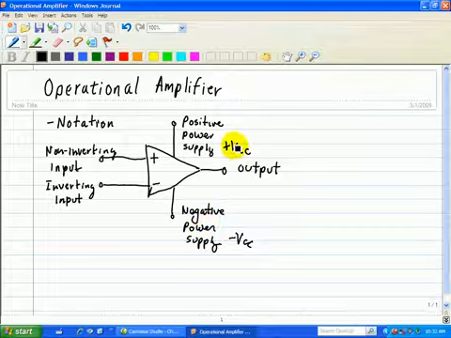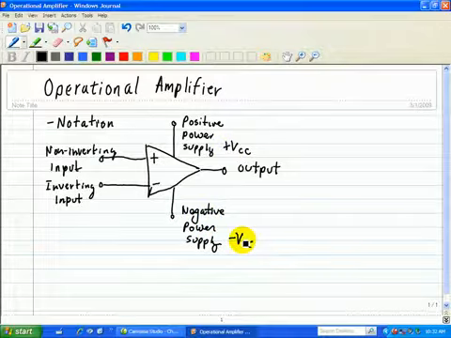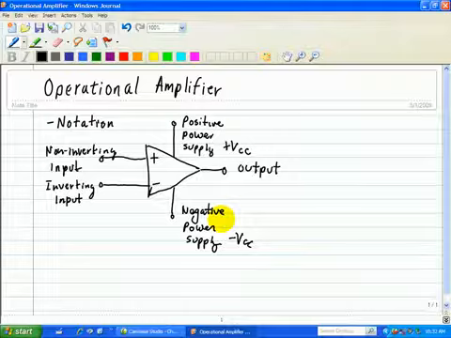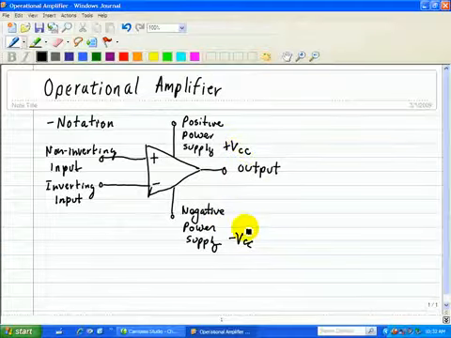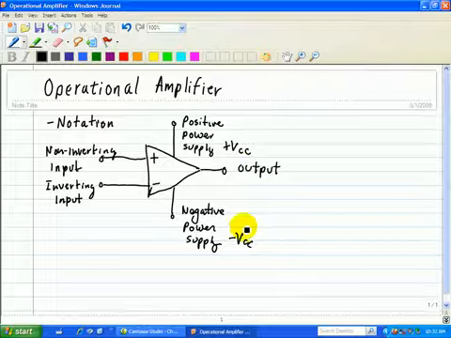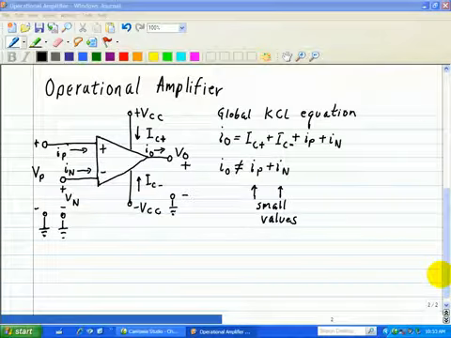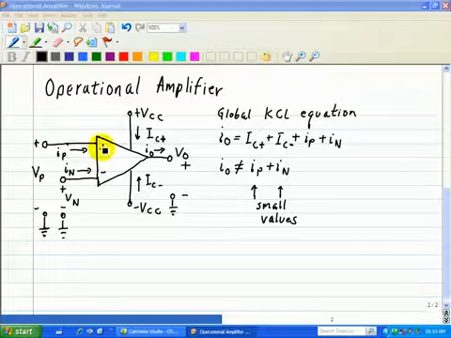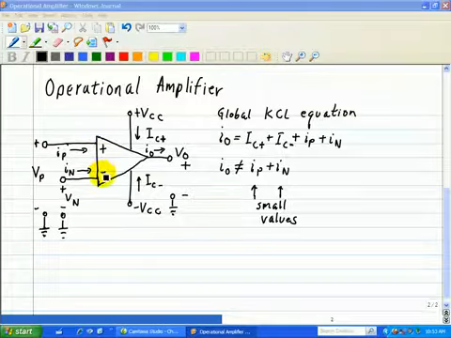The plus VCC and the minus VCC voltages applied to these terminals also determine the upper and lower limits on the op-amp voltage output. Okay, let's look at the op-amp voltage and current definitions. Associated with the input is the non-inverting and the inverting inputs.